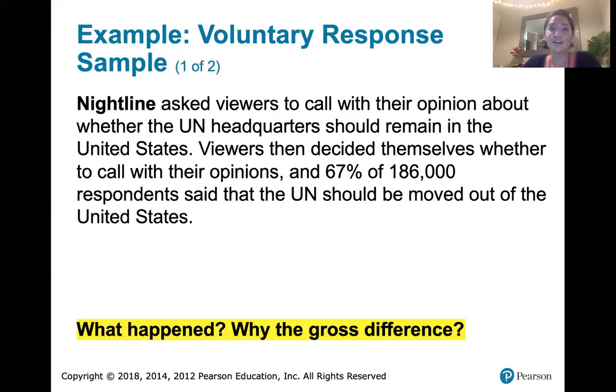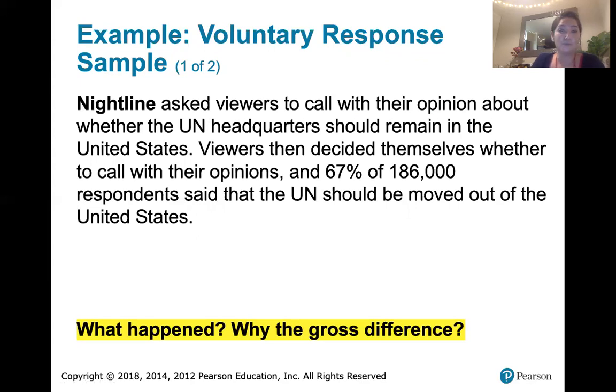So if I asked you now, what percentage of people in the United States believe that the UN should be moved out of the United States? Well, if you weren't thinking about statistics, you might think, based on that poll, at least 67%, that sounds reasonable. And we want to be careful about that. We don't want to anchor to that and think that it's got to be close to 67%, because we have to consider that context again.